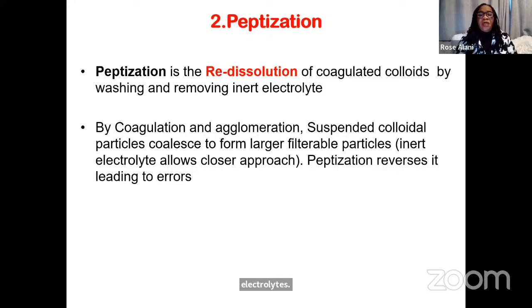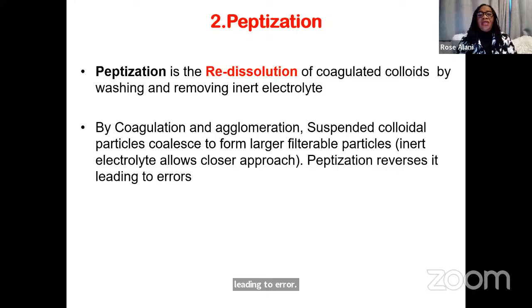By coagulation and agglomeration, the suspended colloidal particles coalesce to form larger filterable particles. The inert electrolyte allows closer approach, and peptization reverses it, leading to error.